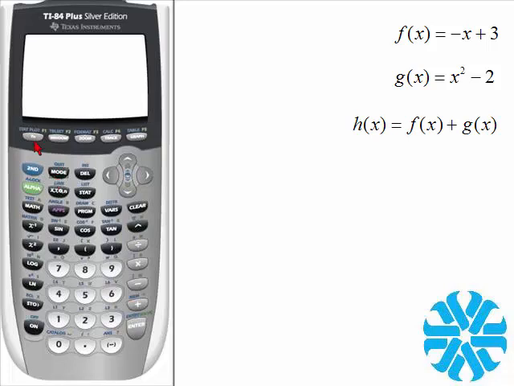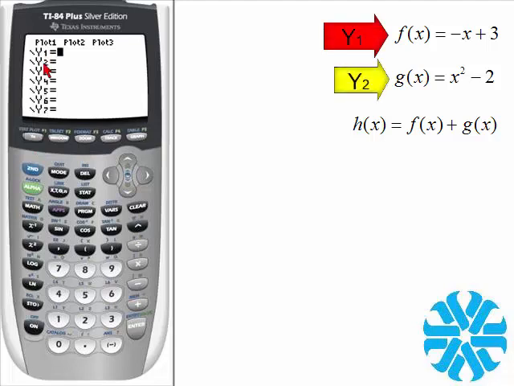Now, remember we input the functions by going to the y equal button. We're going to let y1 be represented by f of x, and then y2 is going to be represented by g of x. Okay? So f of x is negative x plus 3, and then we go ahead and hit enter.